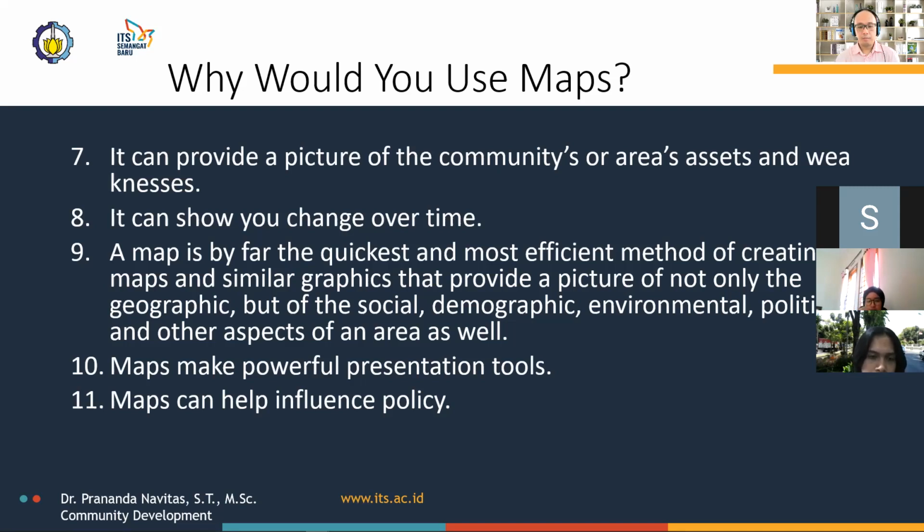And number 9, a map is indeed the quickest and most efficient method to create visual information and to represent other crucial information such as demographic and environmental conditions, and whatnot.